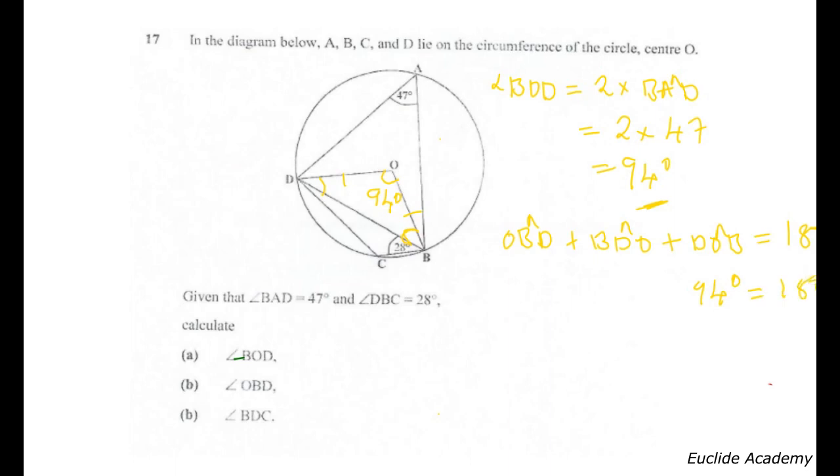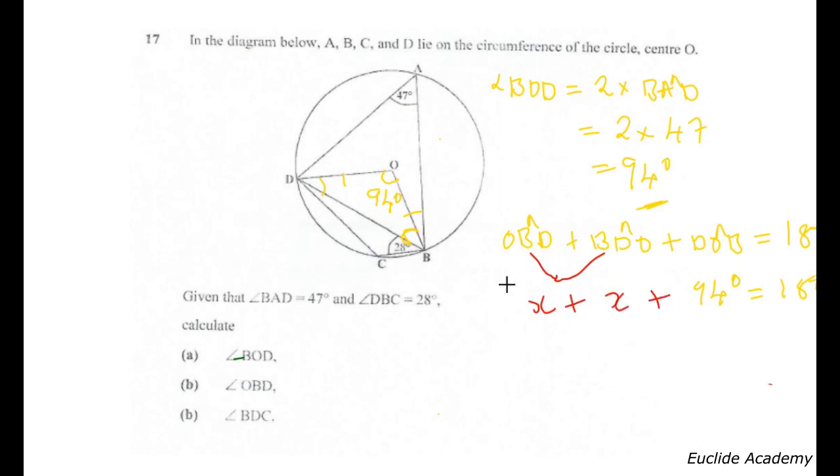So now we know that these two angles, this one and this one, are equal angles. So if OBD is x, then BDO will also be x.